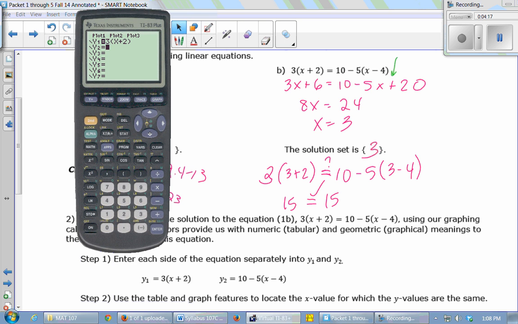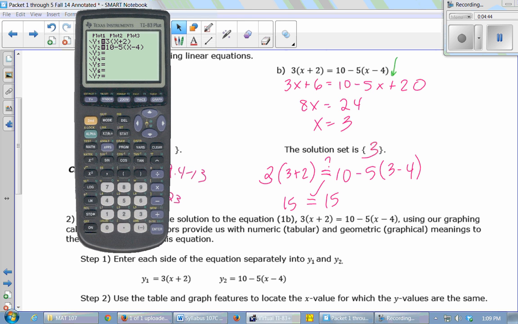And in y2, I'm going to put the right-hand side of the equation, 10 minus 5 times x minus 4. Right. So the idea is I want to know when the two sides are equal, when does this line and this line have the same y value?